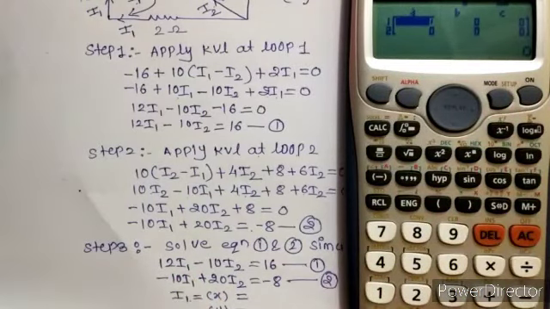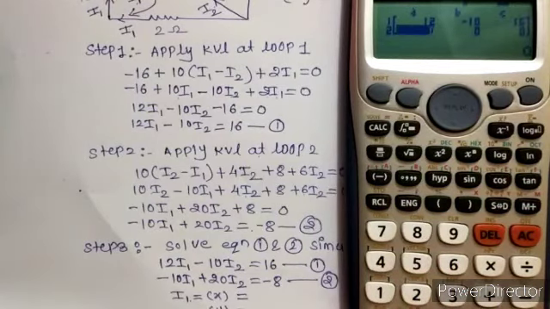We get the matrix, put here the values. The coefficient of I1 is 12, the coefficient of I2 is minus 10, then the constant is 16. Then put the other equation: the coefficient of I1 is minus 10, the coefficient of I2 is 20 and the constant is minus 8.